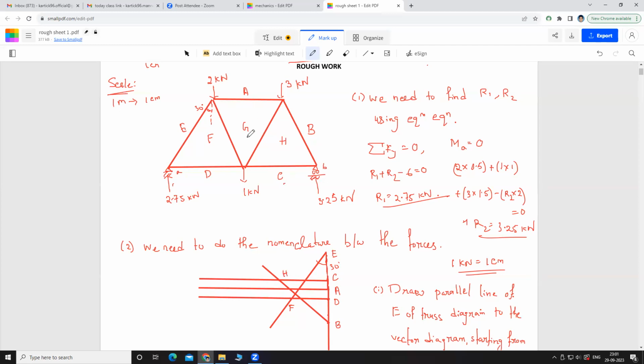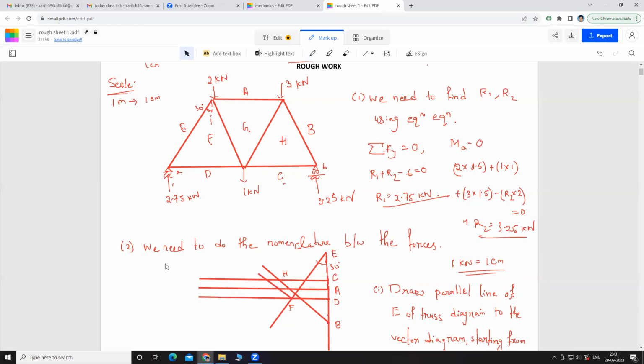Now we need to find out G. For G, between F and G, we have this line. So draw a parallel line of this one from point G. This will be parallel to this one, because these two are parallel, right? This one is our B line.